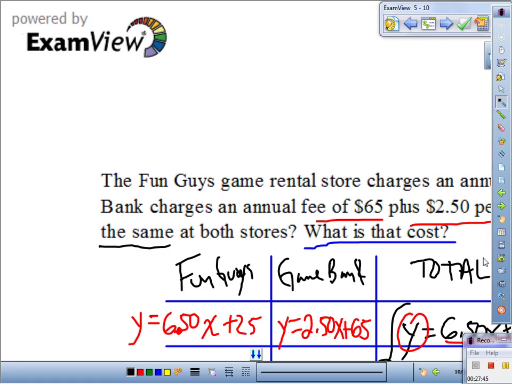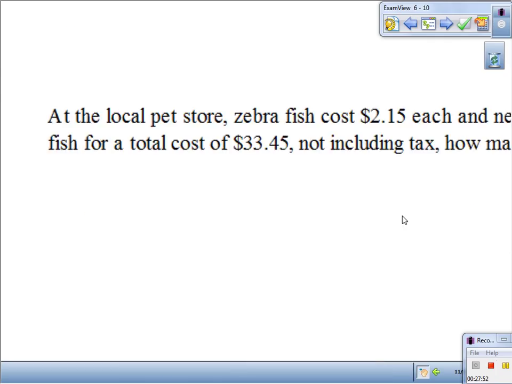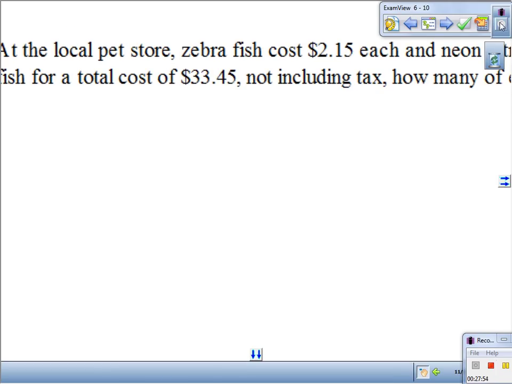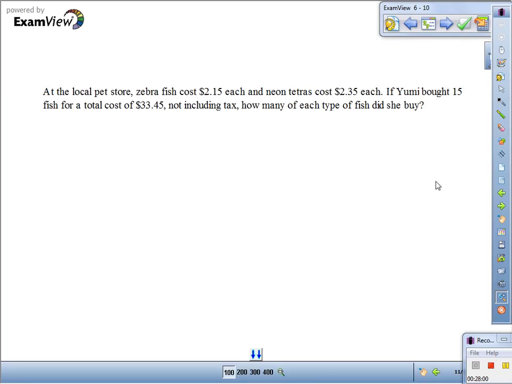Here we go. Go to problem number 6. All right. It says, let me zoom out. At a local pet store, zebra fish cost $2.15 each, and neon tetra costs $2.35 each.